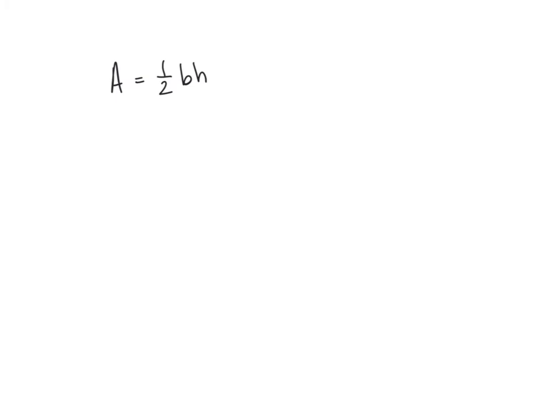So here's an equation that we're all familiar with, and maybe the directions are to solve for h. We have to try to undo everything that's happening to h and isolate it on one side.